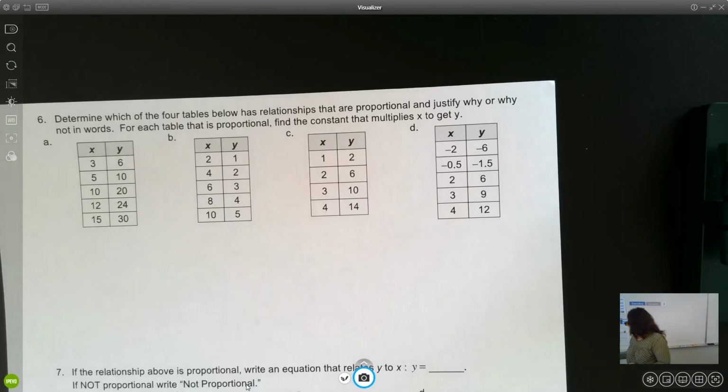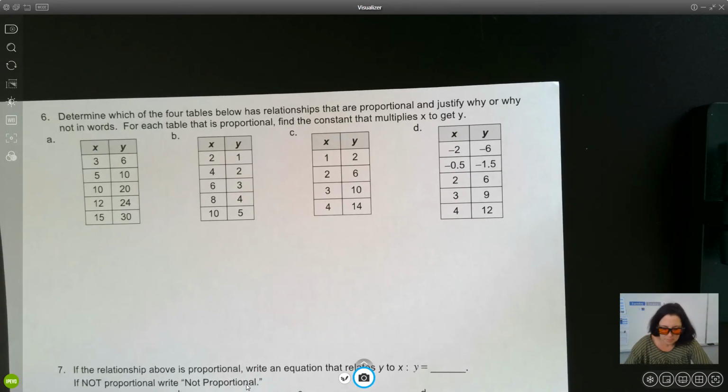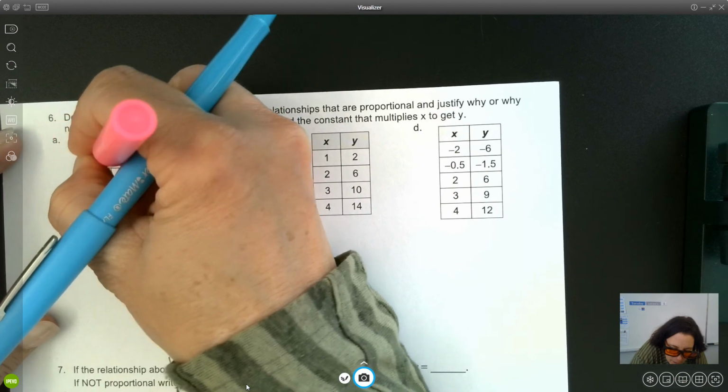Last page. Determine which of the 4 tables below has relationships that are proportional and justify why or why not in words. For each table that is proportional, find the constant that multiplies x to get y. Let's think about that.